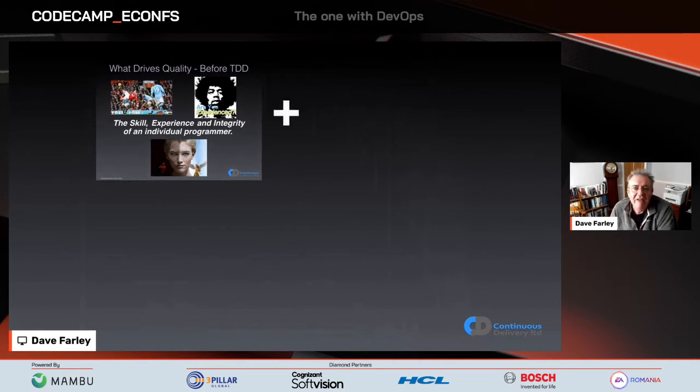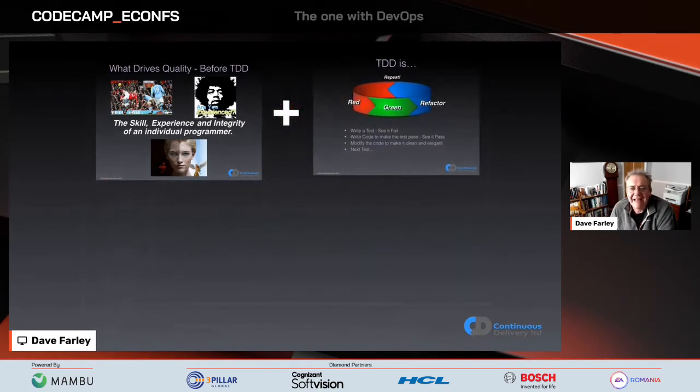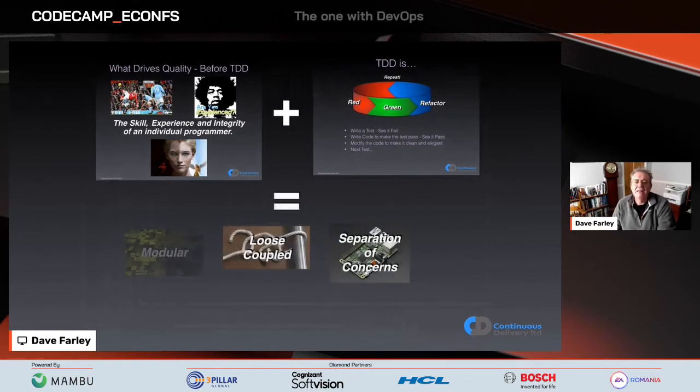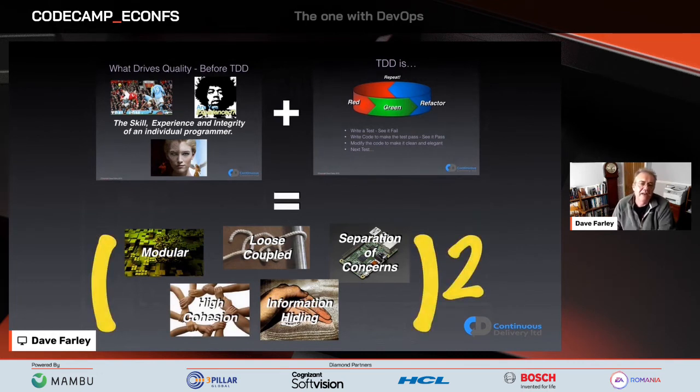But in addition to that, if we add test-driven development, we also get that amplifying effect of test-driven development, that pressure on us to achieve a more testable outcome.